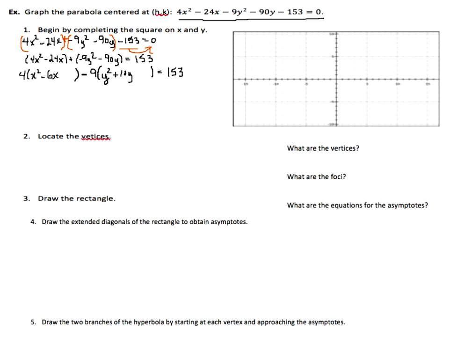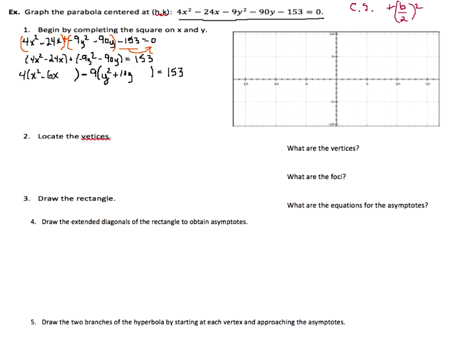Okay, so coming back to complete the square. Remember, to complete the square, you're going to add on (b over 2) squared. And my b is always with my x term.